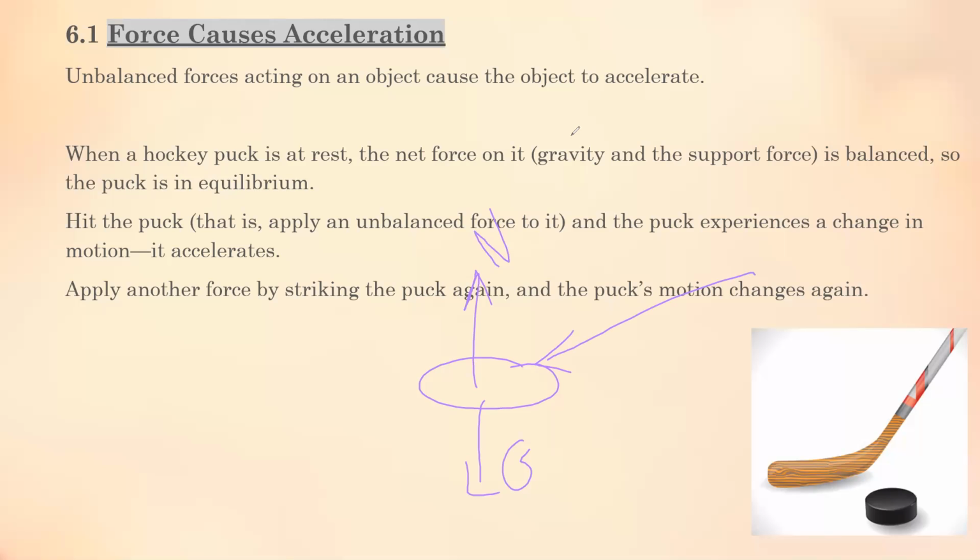It doesn't move. If you hit the puck, you apply a force on it, so it makes a change in the motion. It accelerates. If you apply extra force, you will change the acceleration again.